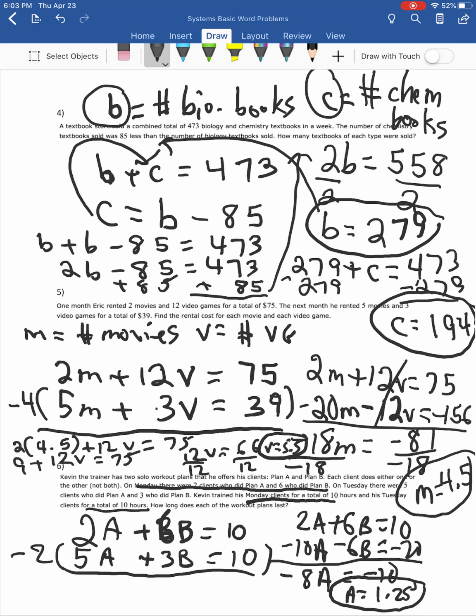Okay. Now I'm going to leave you to solve for B on your own. When you do it, your answer is also going to be a little over 1 hour. Okay. Again, decimals are going to be part of the answer here. Don't leave your answer in fraction form when you're dealing with word problems.